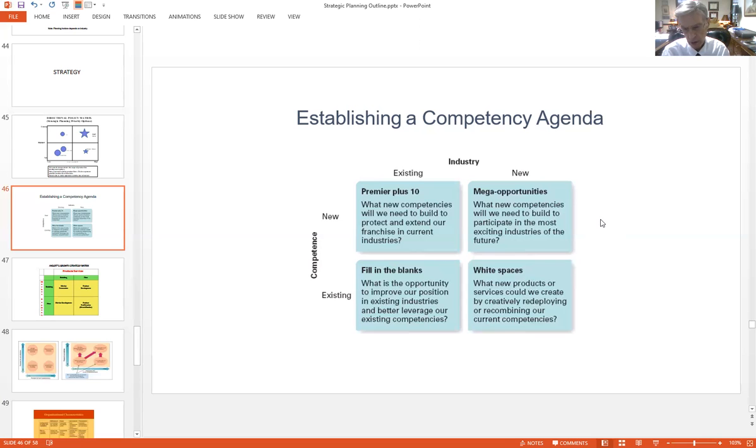So it certainly is possible to develop new products, new competences for new industries, but to do that, you have to take advantage of the relationship, the similarity of competences that you already have to those that are required in another industry.